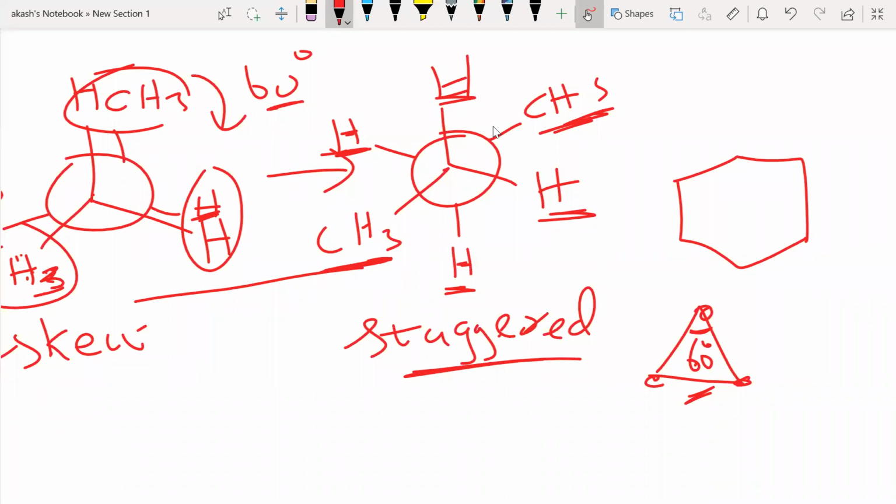But here it has 60 degrees, no way close, less than half. Because of this, these kinds of molecules are a little unstable. They have something called strain in them. Especially it's called angle strain because of the angle.